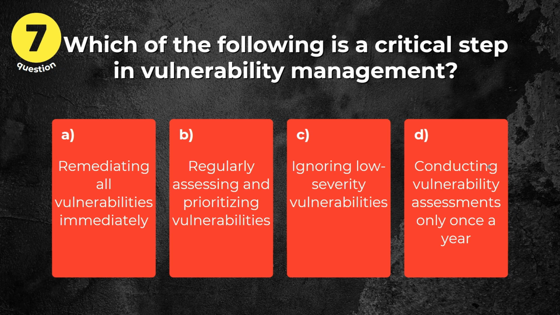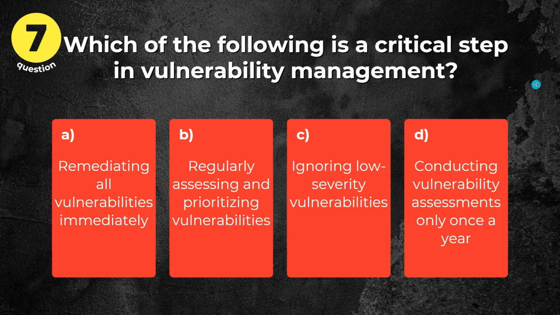Next one, which of the following is a critical step in vulnerability management? A, remediating all vulnerabilities immediately. B, regularly assessing and prioritizing vulnerabilities. C, ignoring low severity vulnerabilities. D, conducting vulnerability assessments only once a year. Okay, I'll give you a few seconds on that one.